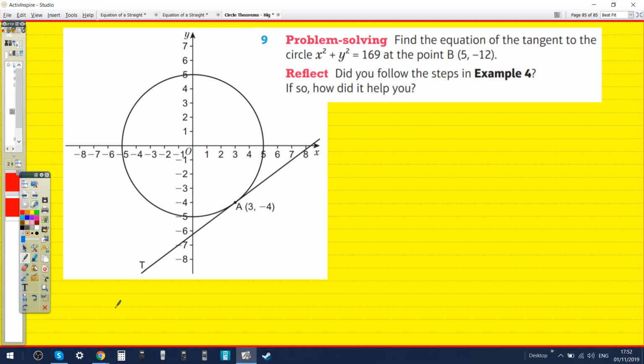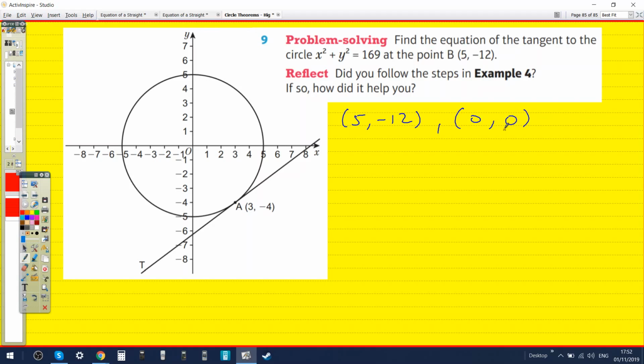So 5, minus 12 is the first coordinate. The second one, the numerator, which is y, would then have to be. So 0, 0 is the second coordinate. Okay.